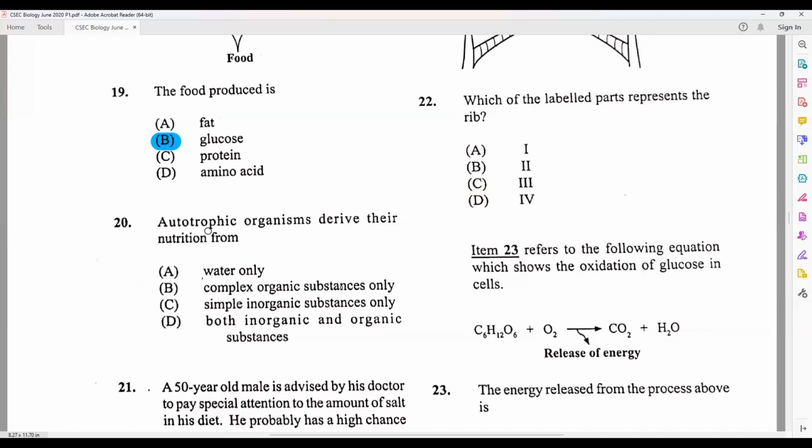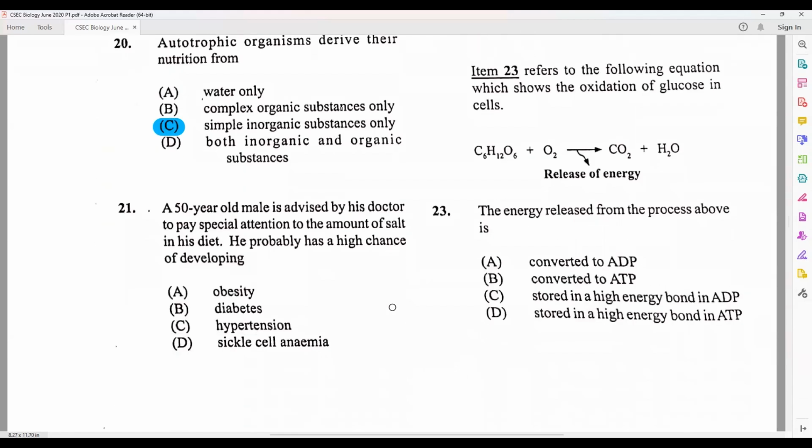They make their own. Auto means self, trophic means feeding. So this is self-feeding, like plants, which use simple inorganic substances only. Remember carbon dioxide, remember water. And if you're thinking, oh, water is organic, no, it is not. Water is inorganic. So C is the answer.